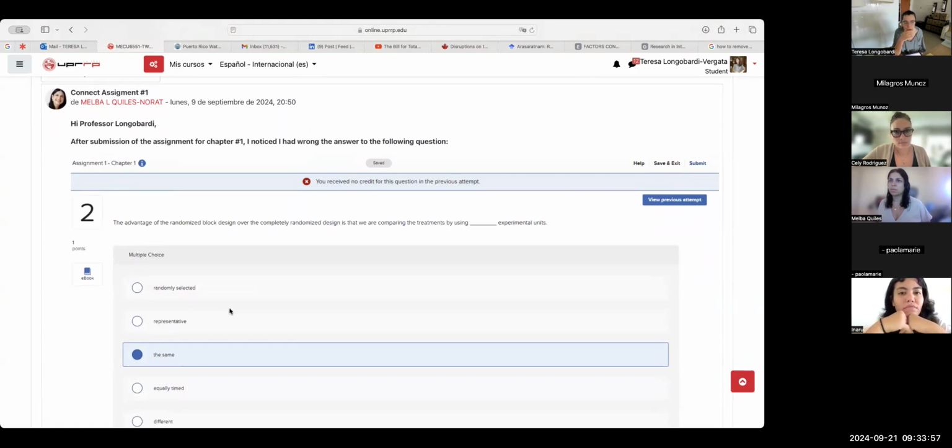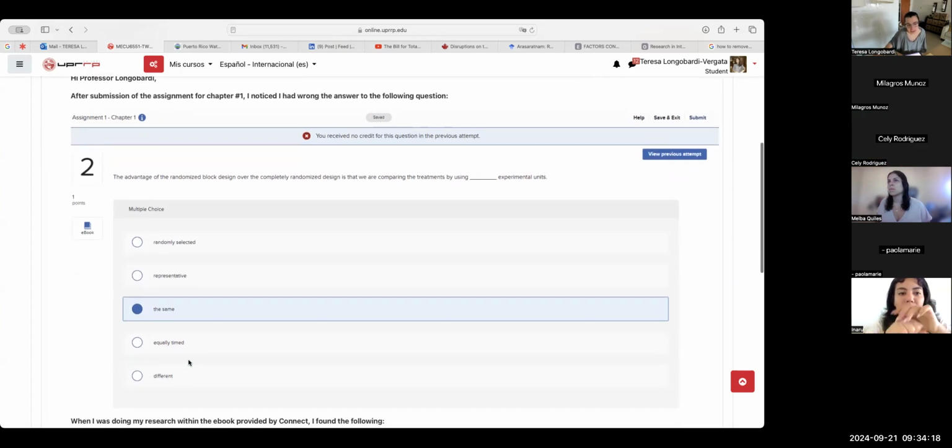I just don't think the options are clear at all. And the point here for block design, in a block design, you split into a block of women and men, or blocks that are going to react differently to the treatment in a systematic way. So maybe different is the right answer. It's just not very clear. One word doesn't just do it.